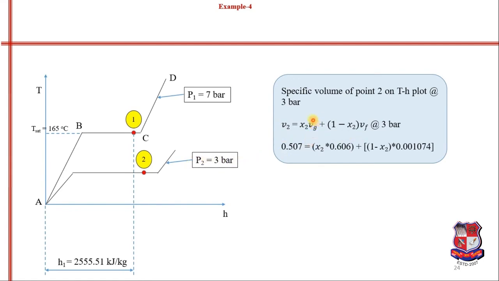So use the values of Vg and Vf corresponding to 3 bar pressure. So in this equation the only unknown left is x2. We can solve this equation and find the value of x2 is 0.836, meaning after expansion we are having dryness fraction 0.836.